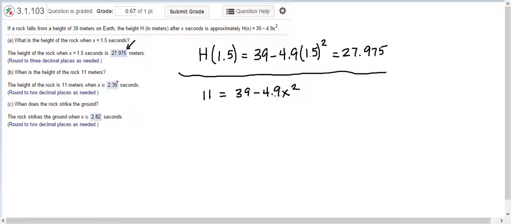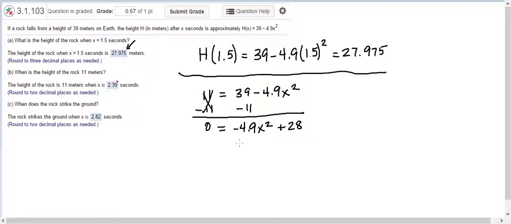Alright, so when we want to do this, remember with any quadratic we need to get everything on the same side of the equals, so we get 0 on the other side. So we get 0 equals, and I'm going to write it in descending order, negative 4.9x squared, and then 39 minus 11 is 28. Now to solve this, there are several ways you can do it.